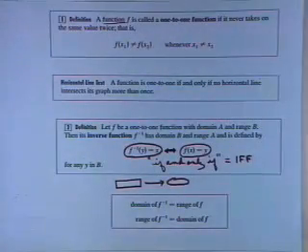This is sometimes abbreviated. You ever see this? IFF, it's not like they misspelled if. I mean, that'd be a tough one to spell, wouldn't it? But it means if and only if. So if part one, then part two, or if part two, then part one. It goes both directions.